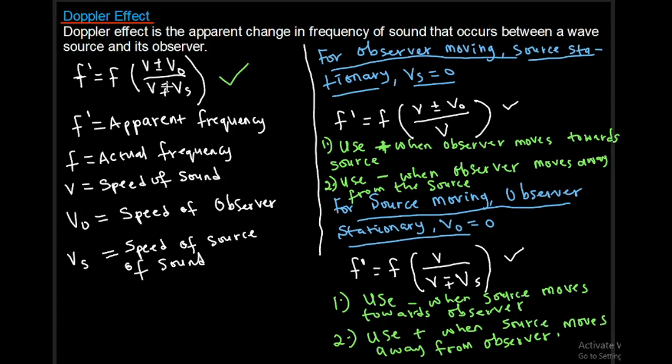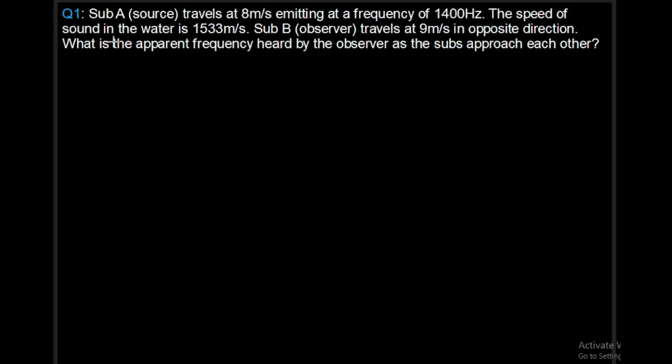Now we are going to look at some very important examples. In this question, sub A, which is the source, travels at 8 meters per second, emitting at a frequency of 1400 Hz. The speed of sound in water is 1533 meters per second. Sub B, the observer, travels at 9 meters per second in the opposite direction.